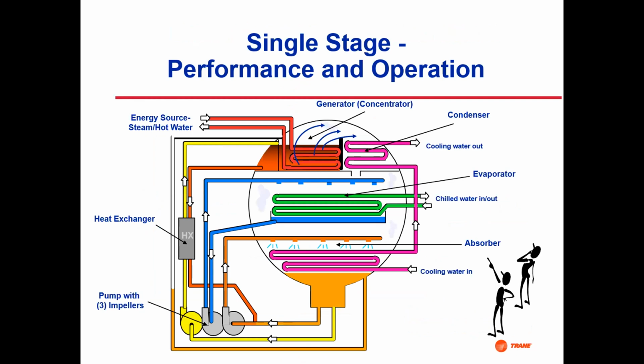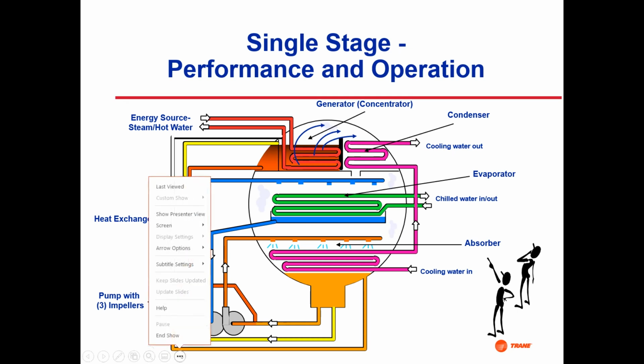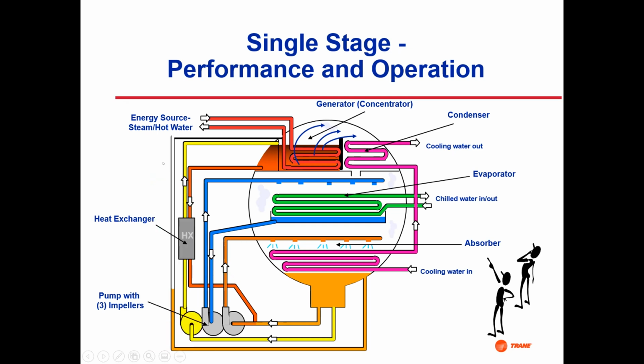Okay, so this is the overall schematic of a single stage absorption chiller, and you can see all of the different components. Let me turn on my arrow here. There we go. This is where the hot water or steam is introduced into the chiller that basically drives the cycle.